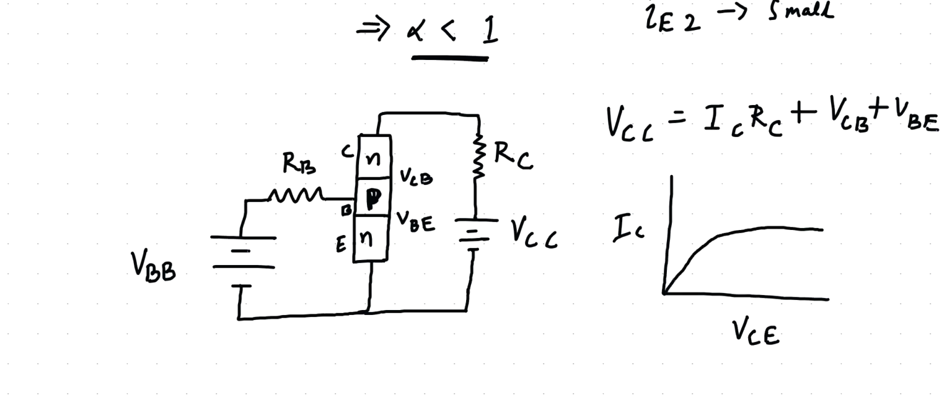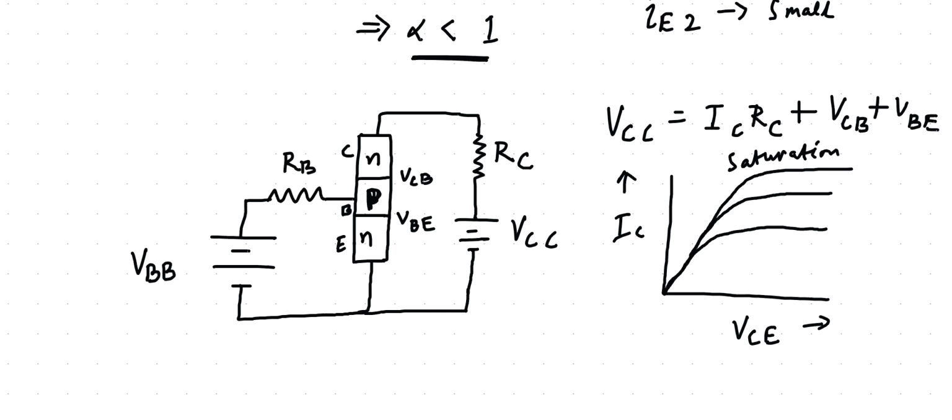It will keep on increasing, then it will be like this, and if you increase further, you see this. Here you can see this is the saturation region, for VCE and collector current.